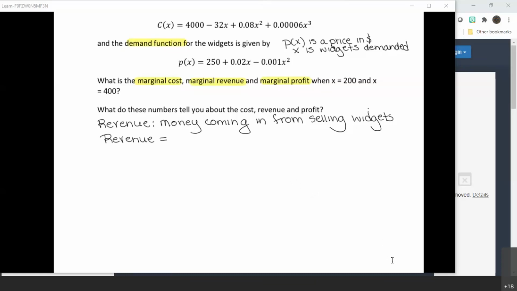So if bananas are 10 cents a piece and I sell 8 of them, you're saying my revenue is 80 cents, right? How'd you get that value? How'd you get 80? What did you multiply?